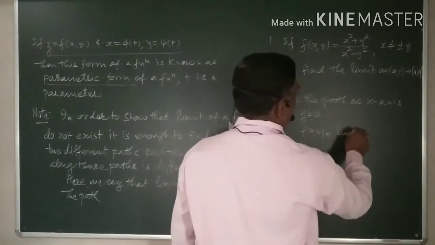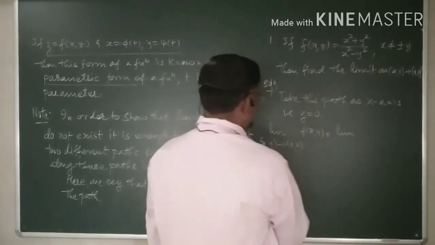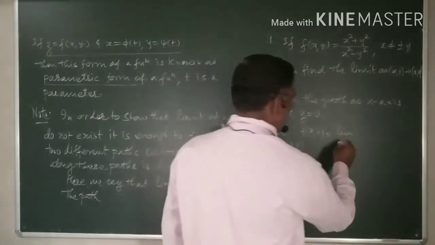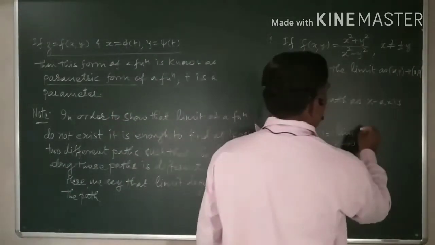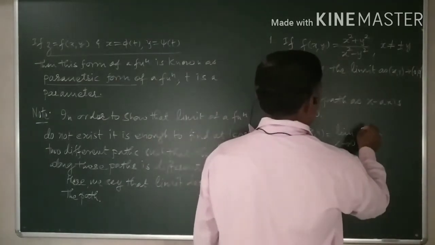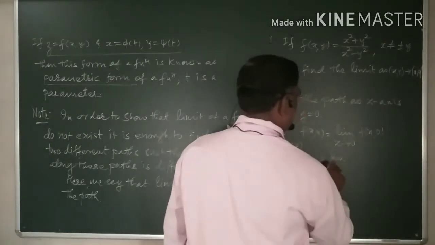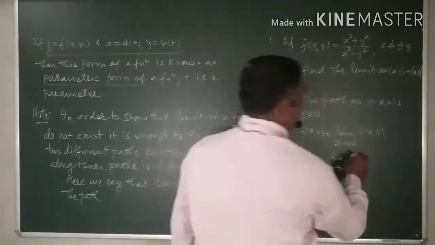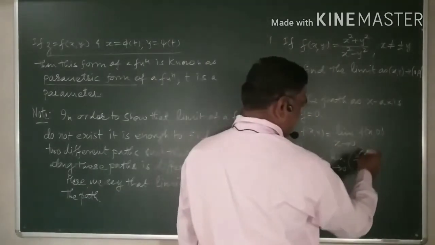Therefore, limit x, y tends to 0, 0 of f of x y is equal to the limit, now we are considering the path as x-axis, meaning we are considering y to be 0, and therefore the function becomes a function of only one variable, x tends to 0, f of x 0, which is equal to limit x tends to 0 of x square upon x square, and we know that this is 1.